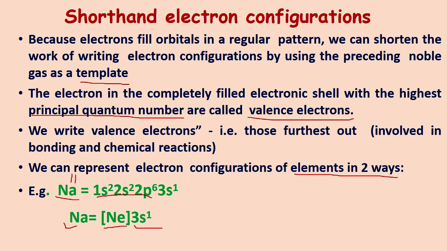We can represent electronic configuration of elements in two ways. For example, sodium having atomic number 11, its configuration can be 1s2, 2s2, 2p6, 3s1, or in shorthand, because 1s2, 2s2, 2p6 belongs to neon, we can write neon 3s1.